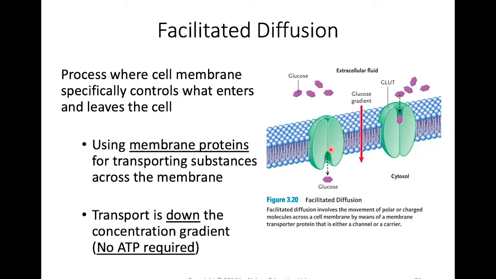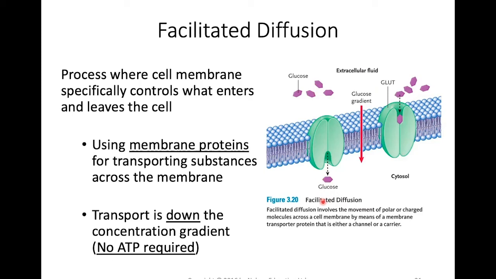So here we're looking at the transport of glucose from outside of the cell to the intracellular environment. And why do we need glucose inside the cell? That's so we can metabolize it through glycolysis, Krebs cycle, and make ATP. All right, but to get glucose into the cell, it's still moving down its concentration gradient. So it binds to the membrane protein. The membrane protein changes shape and brings it into the cell.